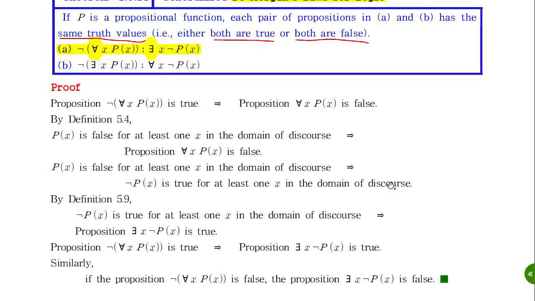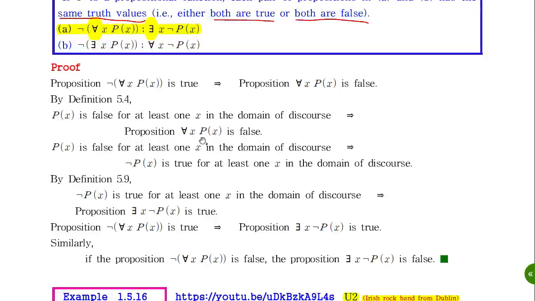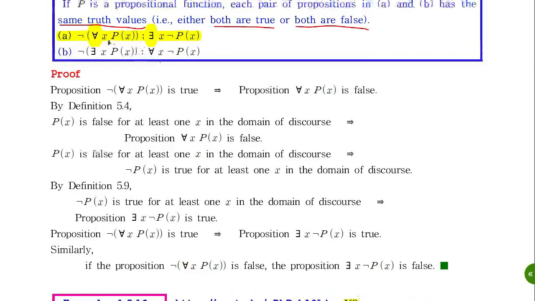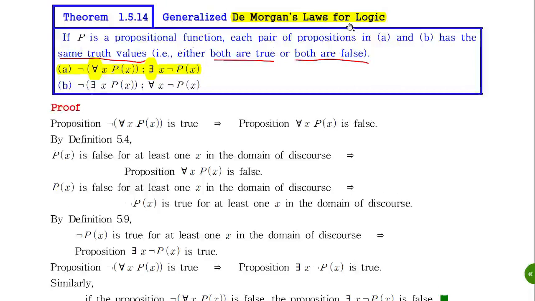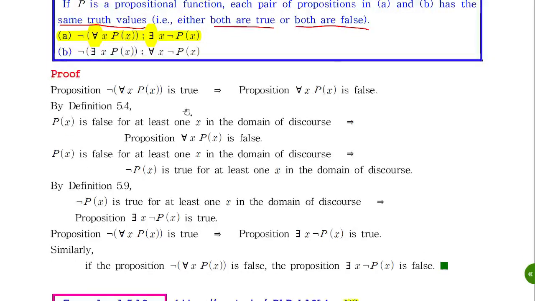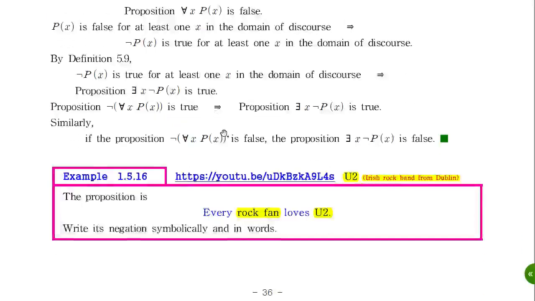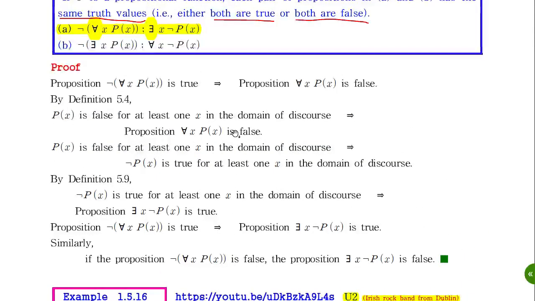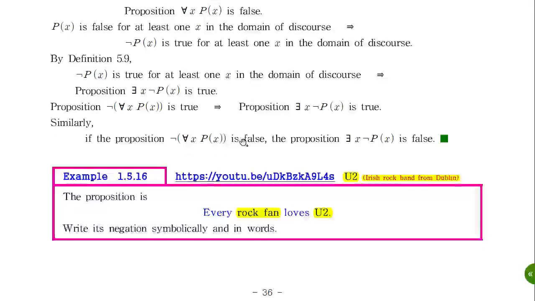Because of this observation, if this is true, then this is true. So De Morgan's law for logic gives us a very easy way to have an equivalent statement.